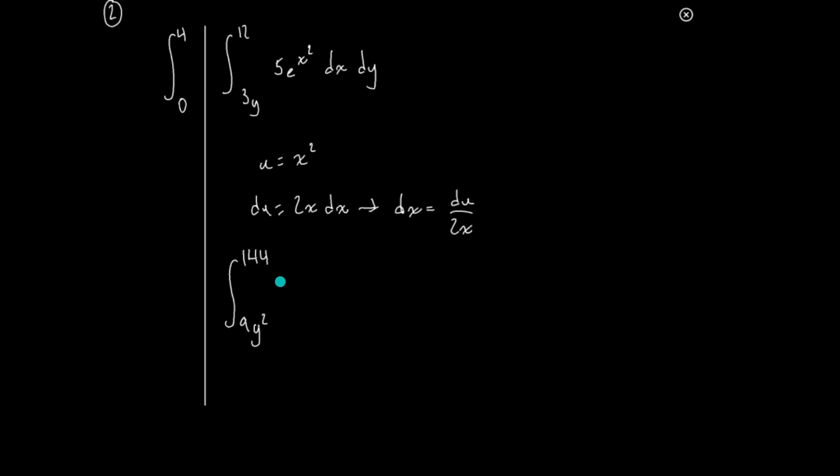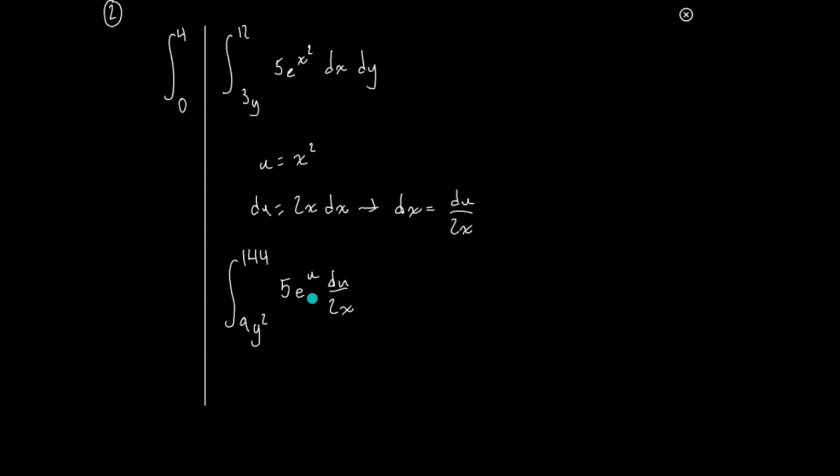All right, so we have 5 times e to the u, because x squared is equal to u. Then we have for dx, du over 2x. Now, there's an issue here, and that is that we're still left over with an x.